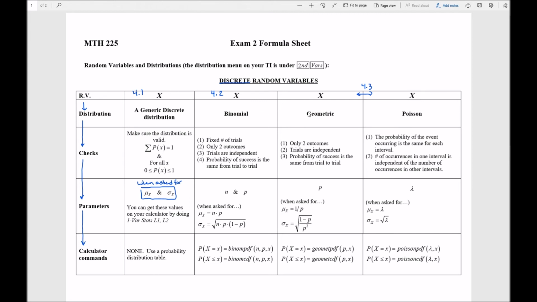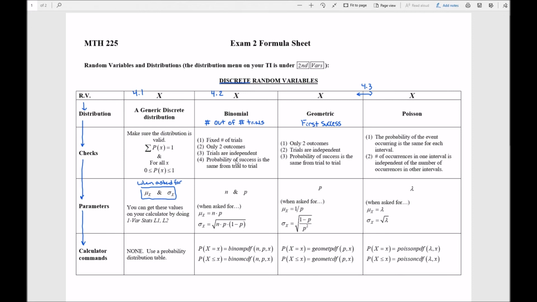What becomes interesting is that the geometric distribution is always interested in a first success, whereas my binomial distribution is interested in getting a number of successes out of a number of trials. Like a number of wins out of 10 attempts.